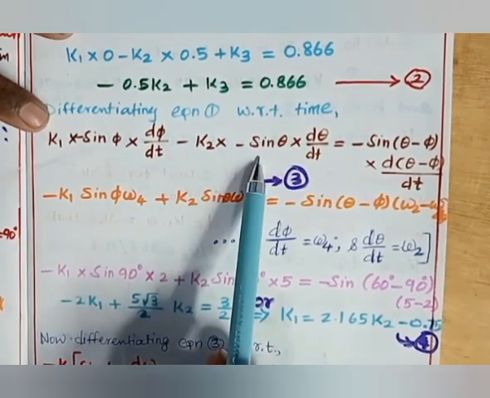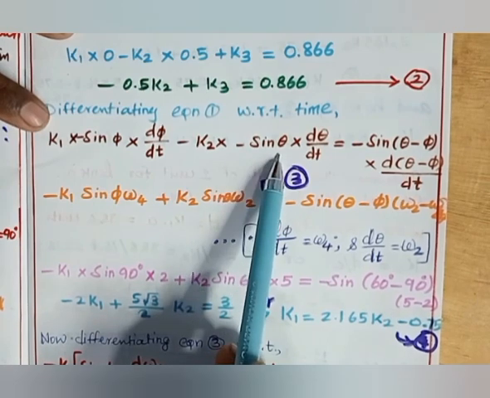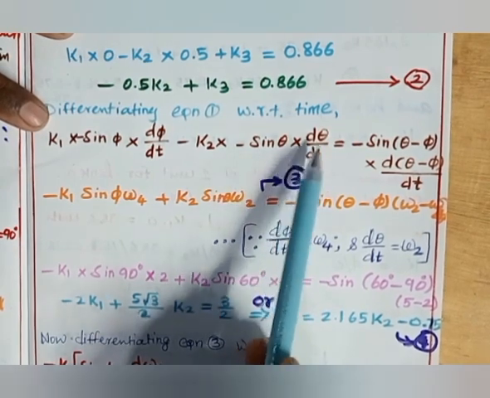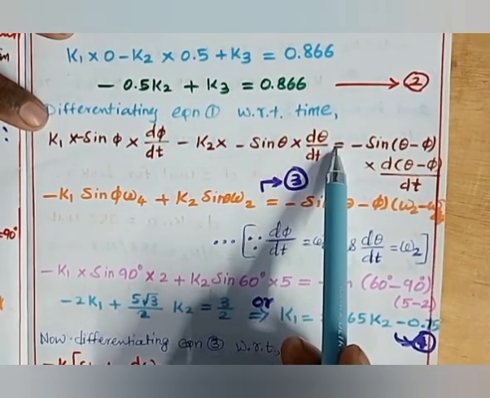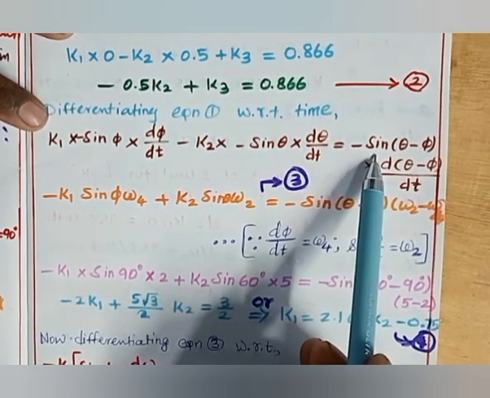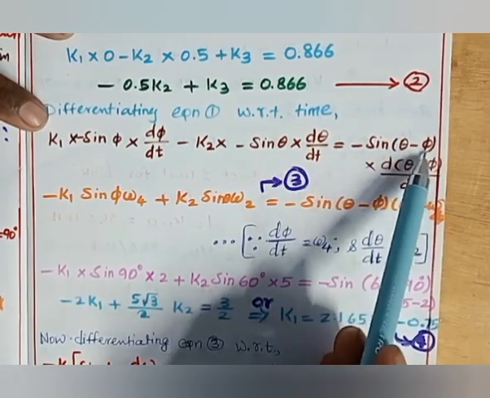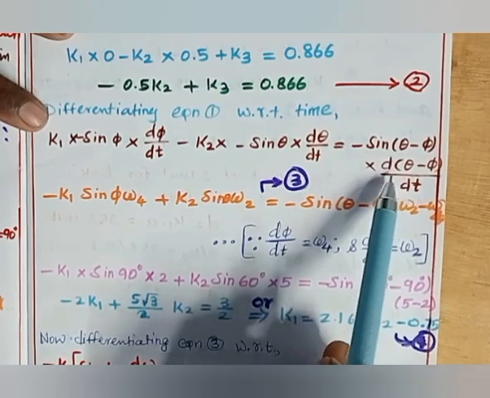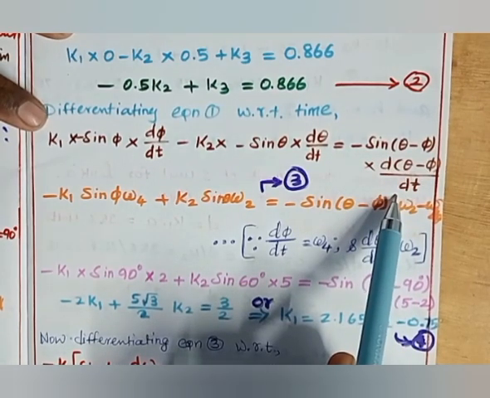Minus K2 into sin theta: we differentiate cos theta, getting minus sin theta, and d theta by dt. On the right-hand side, cos of theta minus phi differentiates to minus sin of theta minus phi, times the derivative of theta minus phi with respect to t.